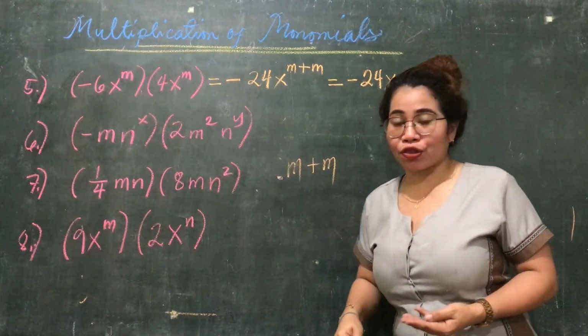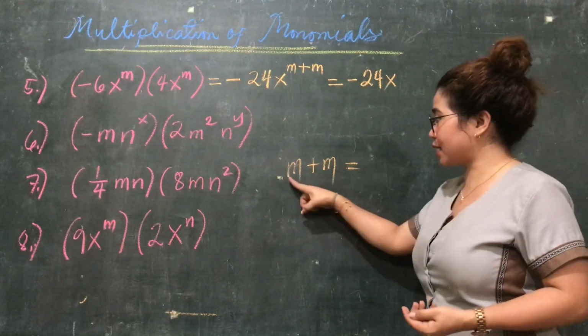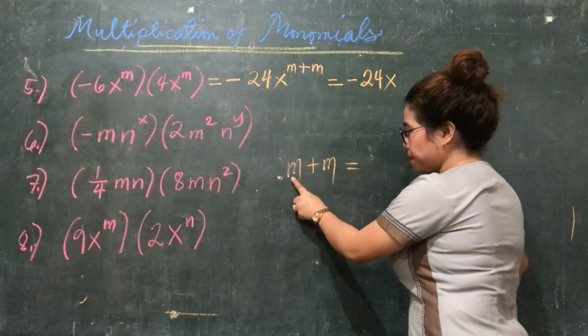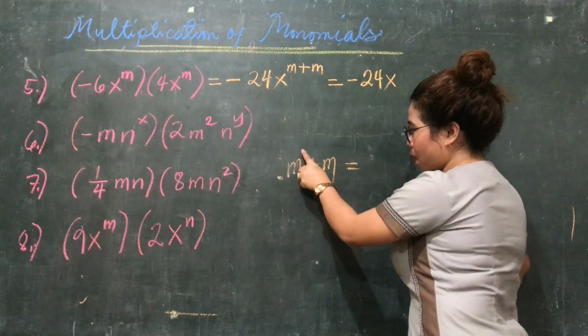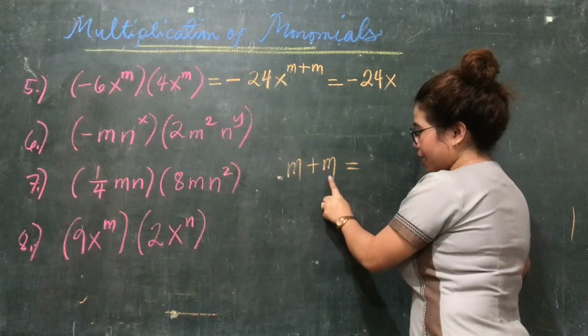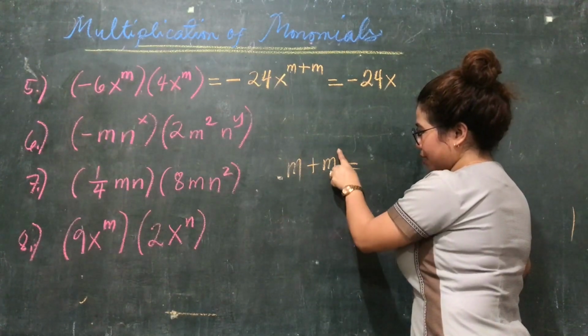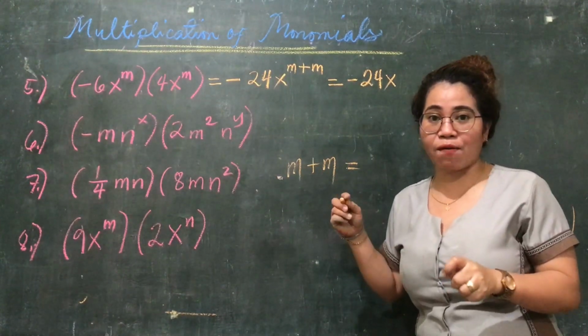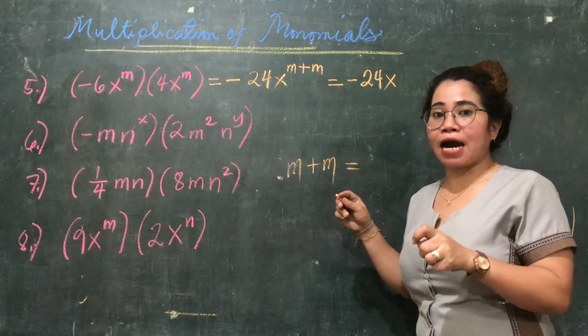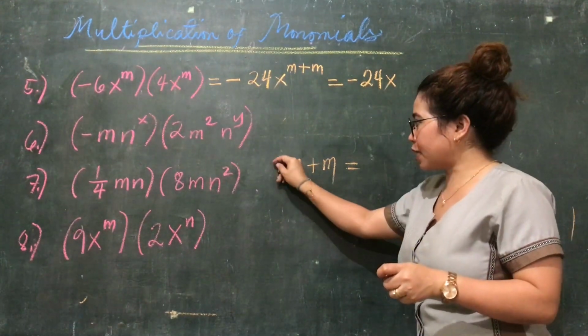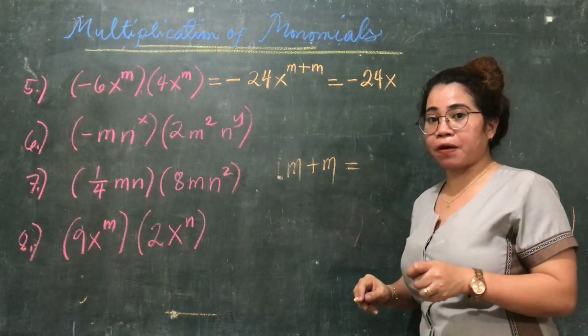Okay, like terms ang tawag nila ha, kay ang m and m pareha, m to the power, it has a degree of 1. Kanina, m and it has a degree of 1. Like terms ang tawag. That means, pwede ta mag-add sa mga coefficients. Naa siya 1 diha, nga dili na ginapakita.